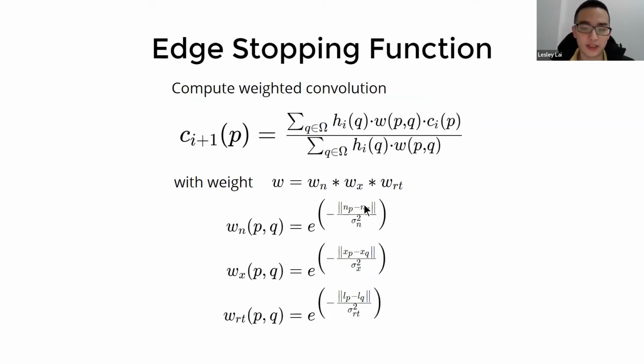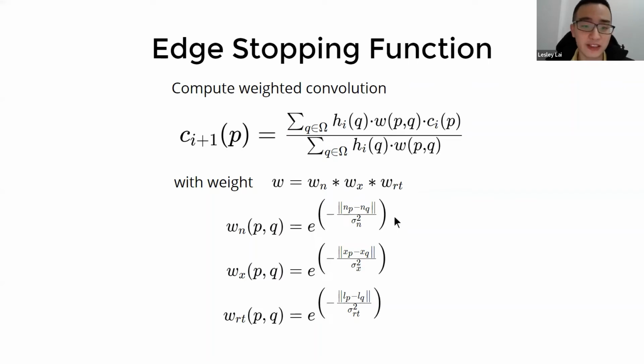When we calculate the difference, if the difference is big, then this whole term will be small because it's a negative sign, so it's a large negative number, which means when we do the exponential, it will be a very small number.